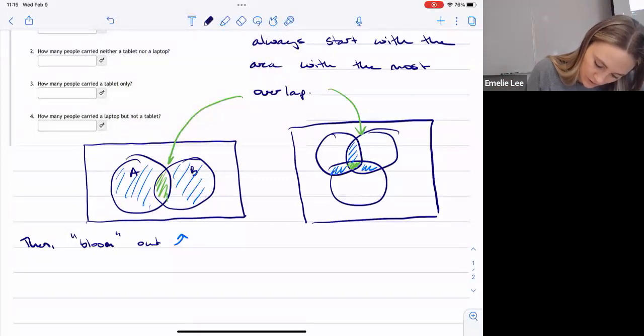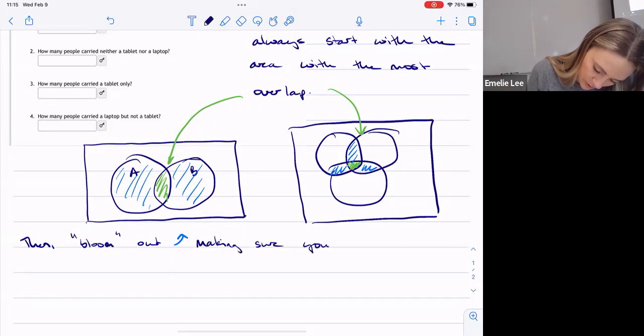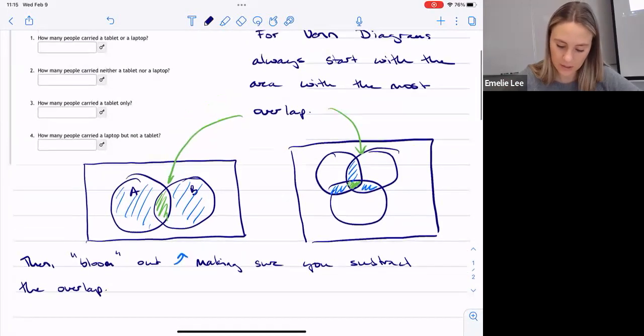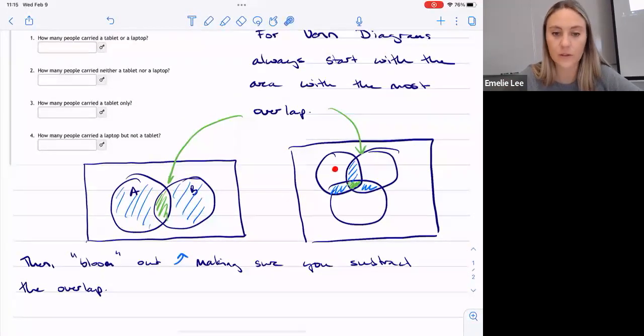Bloom out, making sure you subtract the overlap. And then same thing for the three event situation, or 3 outcomes, you would have to subtract all of these overlapping areas before you could go ahead.